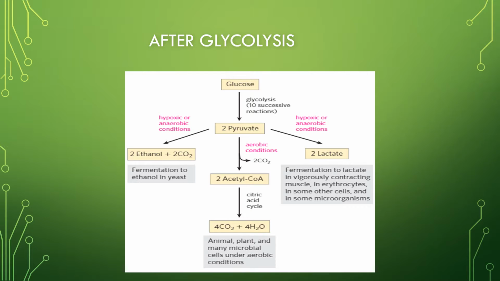Okay, so after glycolysis, we talked about the anaerobic conditions, both of those, and then we talked about the aerobic conditions. A good way to remember the ethanol is you have to ferment beer, right, in order for it to taste right.